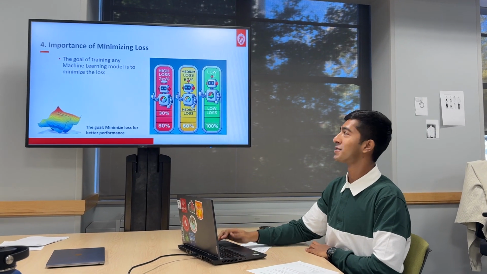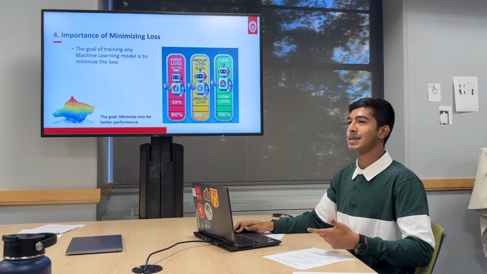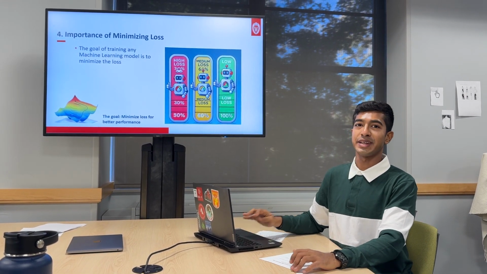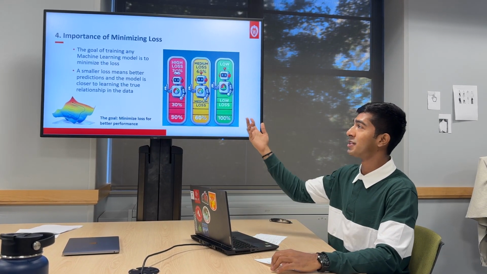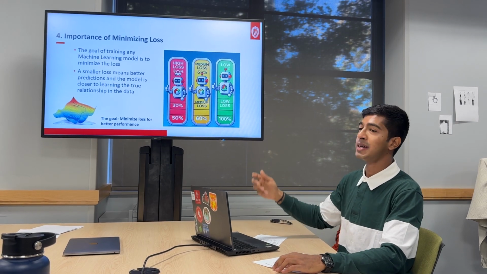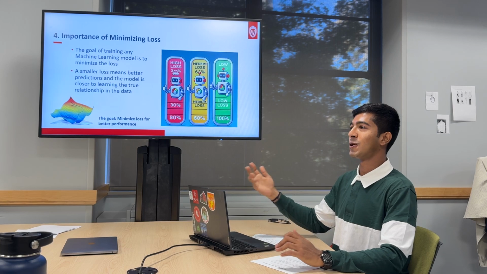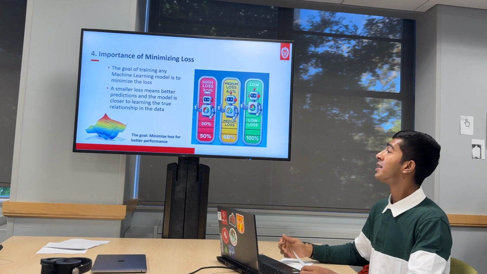And as the loss keeps on going lower, the model gets better, and the robot, which is the AI model, gets trained more and more. So the goal of training any ML model is to minimize the loss. Smaller loss always means a better prediction, and the model is closer to the real ground truth. But we also saw that it's not always the thing that we want to maximize for.